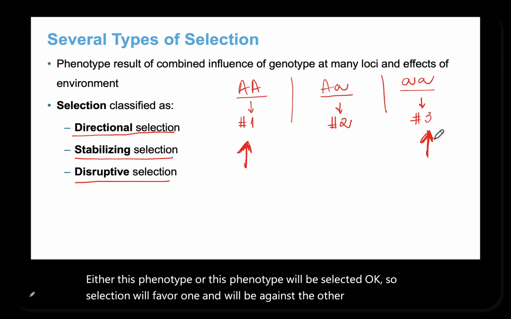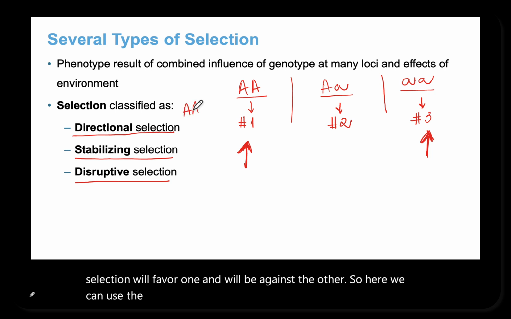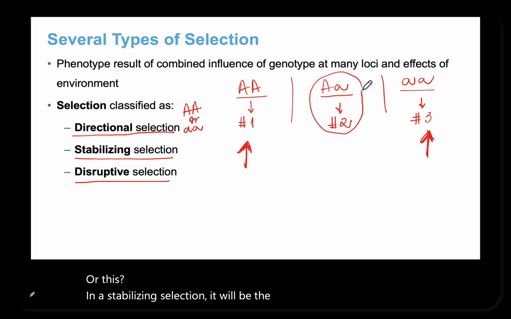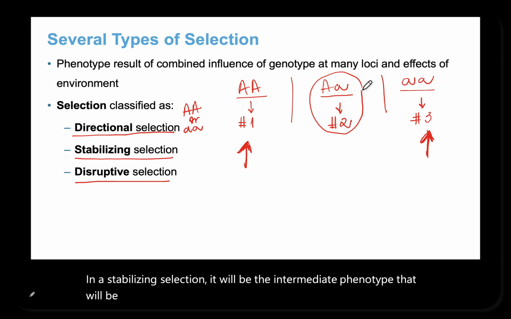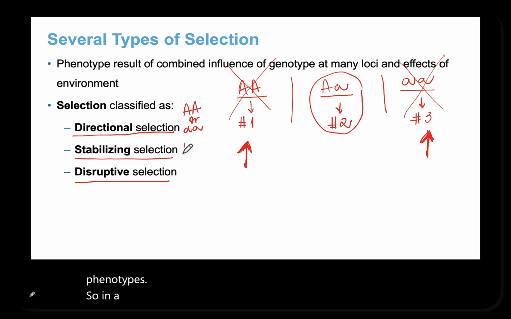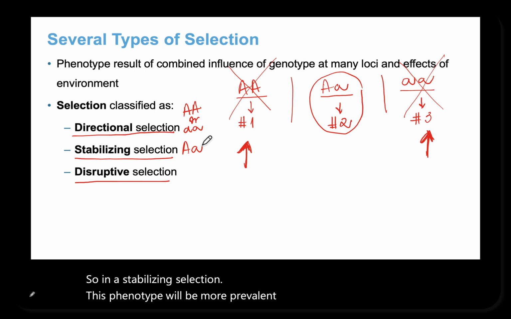So here we can use the comparison this or this. In a stabilizing selection, it will be the intermediate phenotype that will be favored in that location. Here, the selection will be against the extremes. So the selection will act against these two phenotypes. So in a stabilizing selection, this phenotype will be more prevalent in that population.